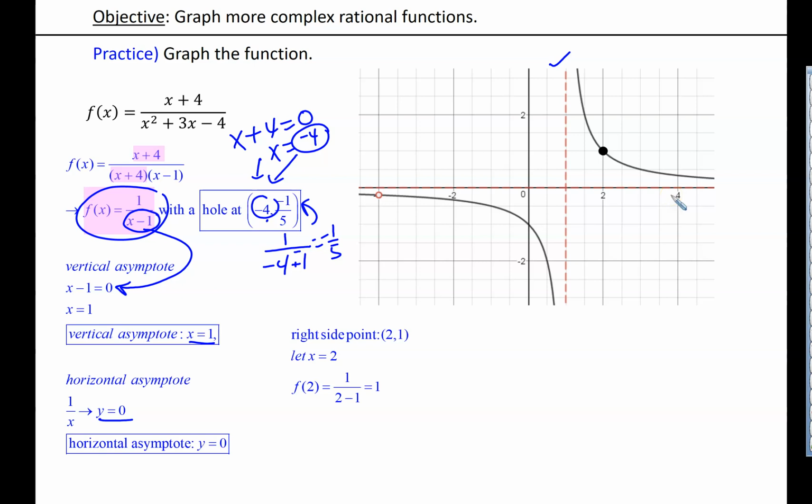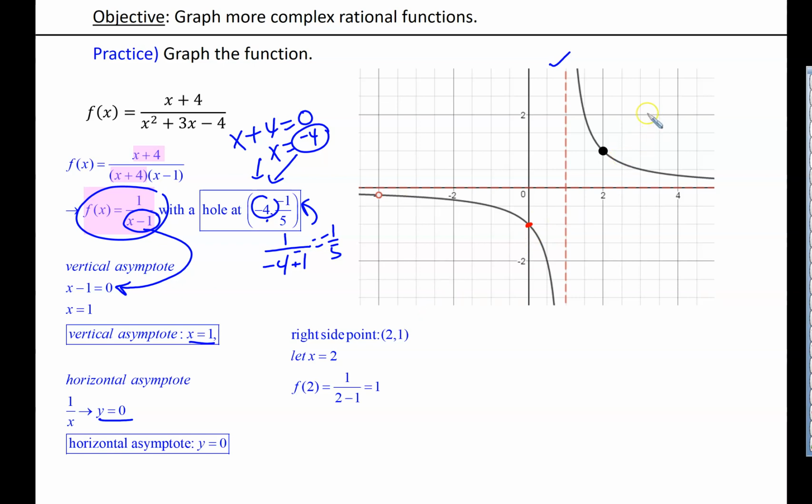And so when we graph our hole, we have this point here. The y-intercept would have been a good point. You probably got that one. It skipped here for some reason. The y-intercept is at 0, negative 1. But the hole that we have and the y-intercept are, once again, on the same piece of the curve.